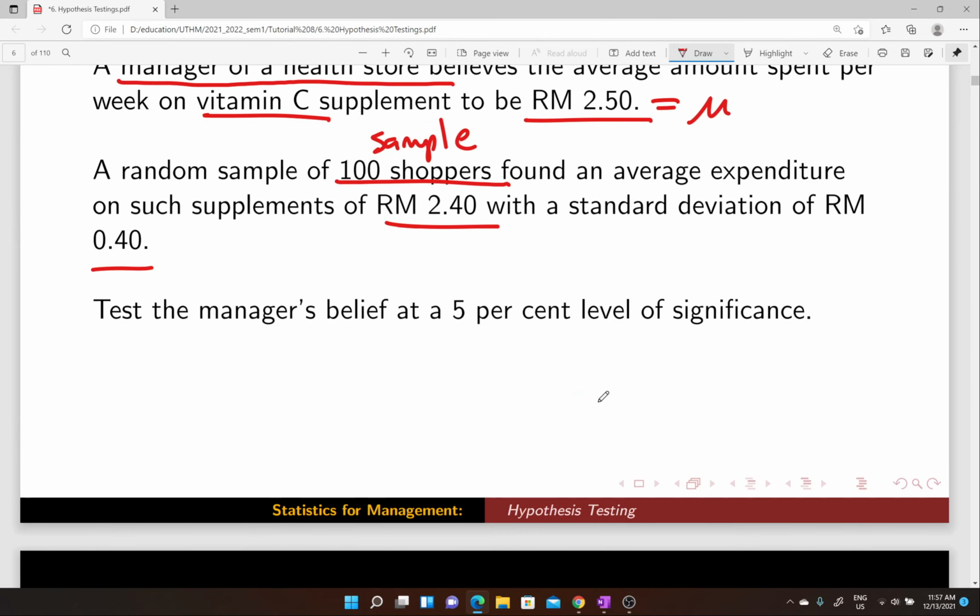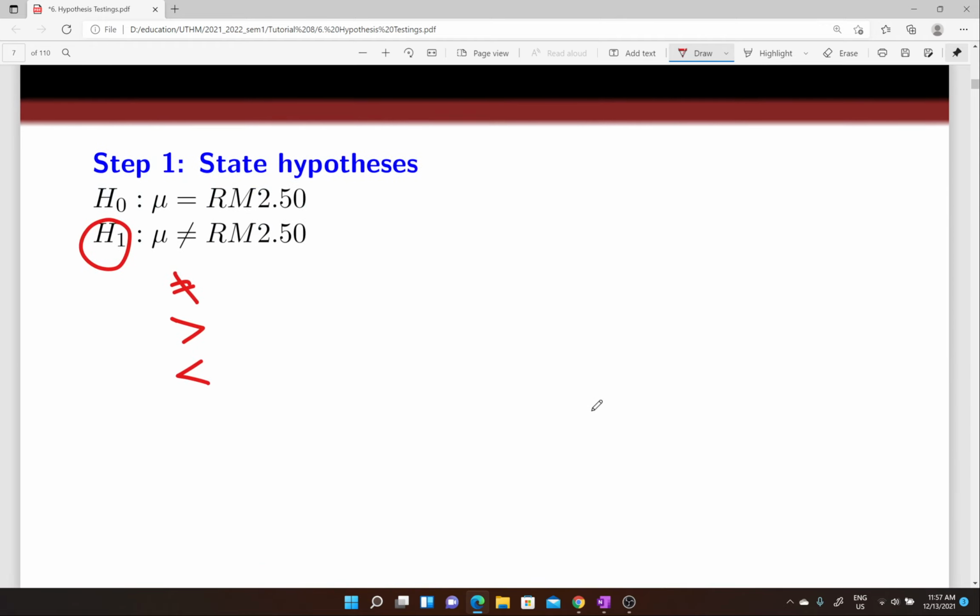In the question, they say test the manager's belief. They never say the manager's belief is greater than or less than, otherwise we would put less than or greater than. We will see other examples later. If you cannot see any hint on greater or less than, you put not equal to. This is the first step you have to write.